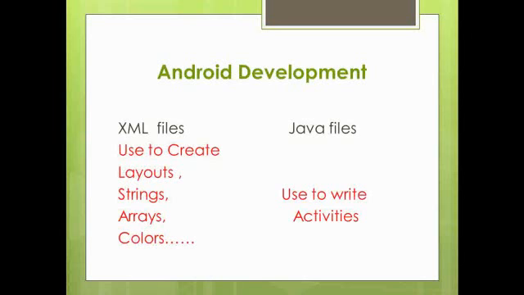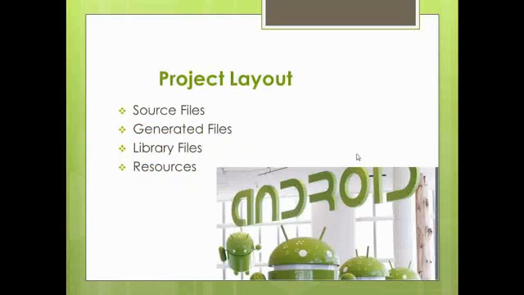Then we'll move on to the project layout in Eclipse. Eclipse has four major parts: source files, generated files, library files, and resources. We will talk about these files in the second tutorial.